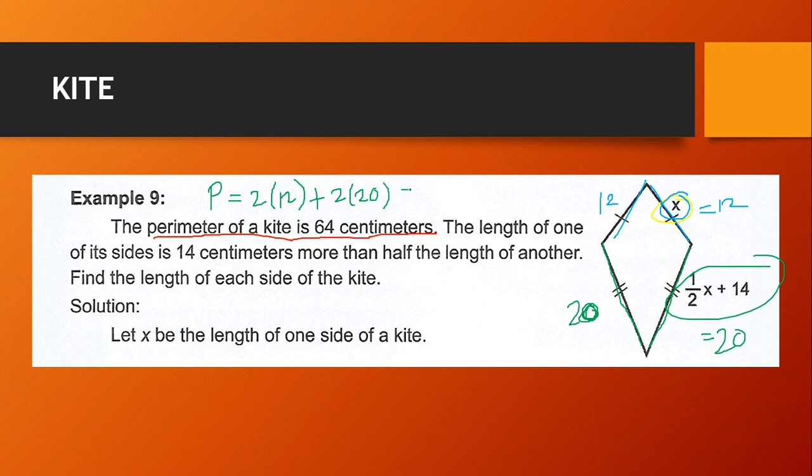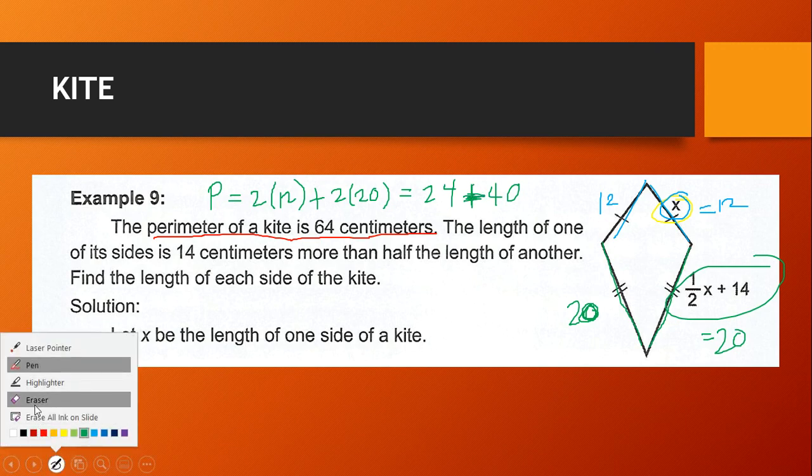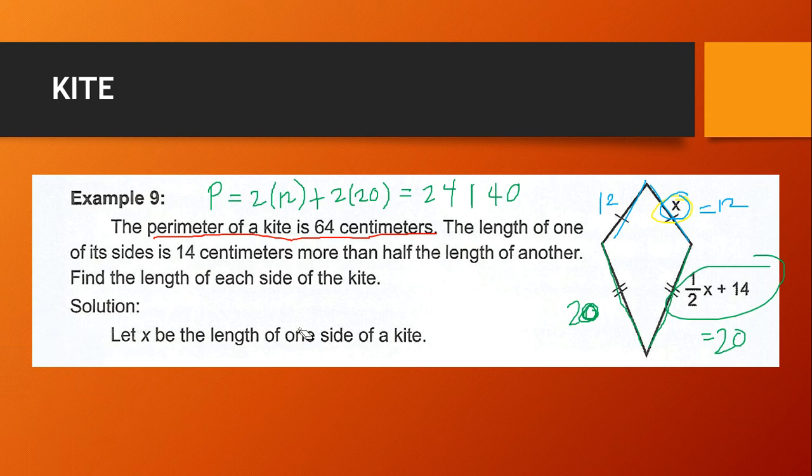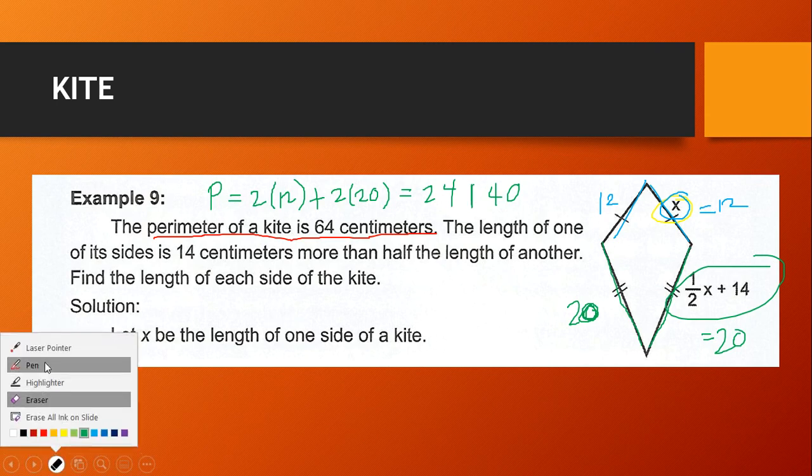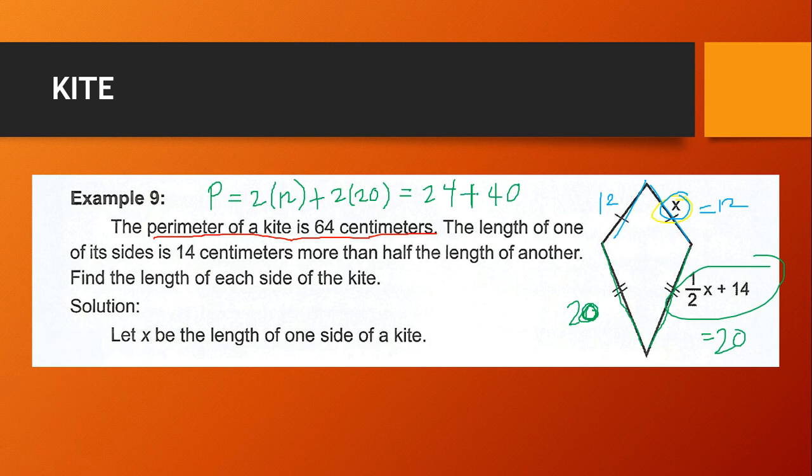Then equals 2 times 12, that is 24. Then plus 2 times 20, that is 40, no? 40 siya. Then 24 plus 40, so that is equals 64.